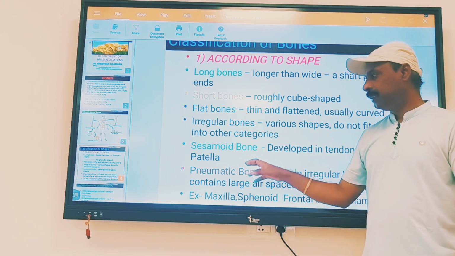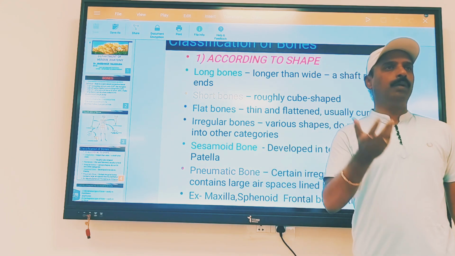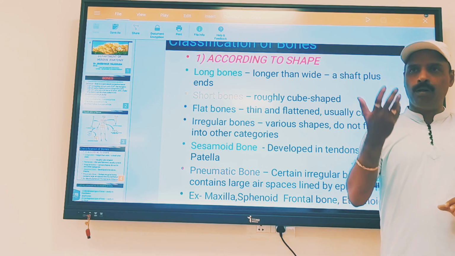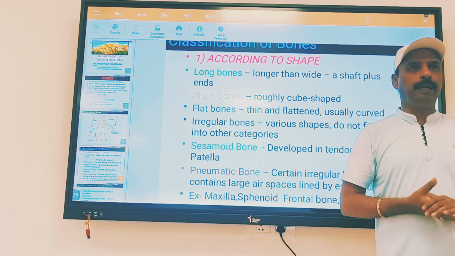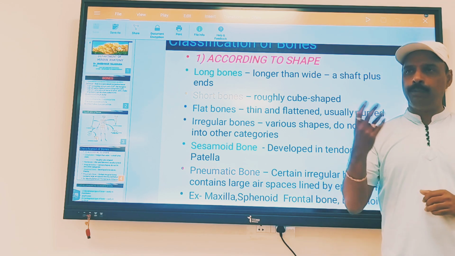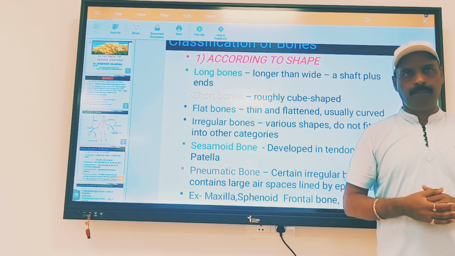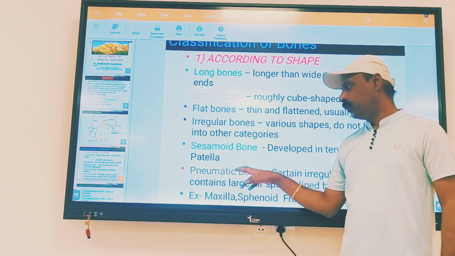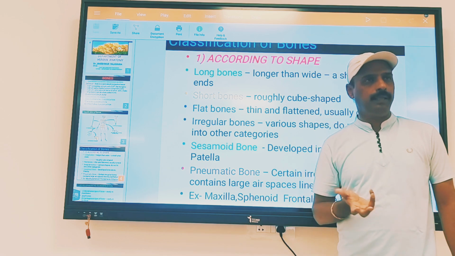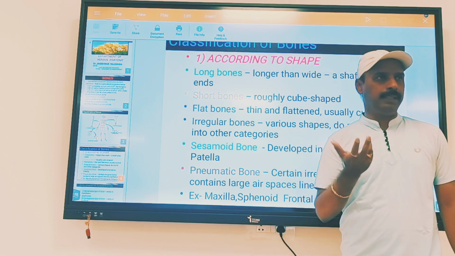and then it is adding resonance to the voice. Whatever we talk, all this resonance is added to the voice by these pneumatic bones. That we call pneumatization. Okay? And also they are making the skull lighter, more economic, and they are adding resonance to the voice.